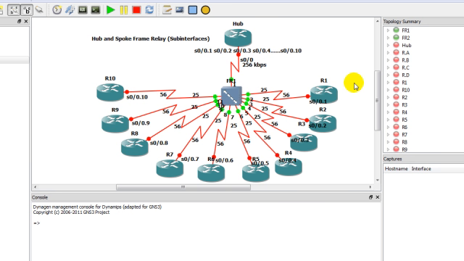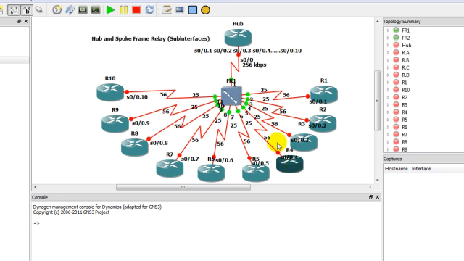So now let's speak about the pure multipoint. For pure multipoint, you have to know two things. The first one: imagine that we have a T1 access line in the hub, and there may be 10 spokes, but in my explanation I want to use just 1 to 4.